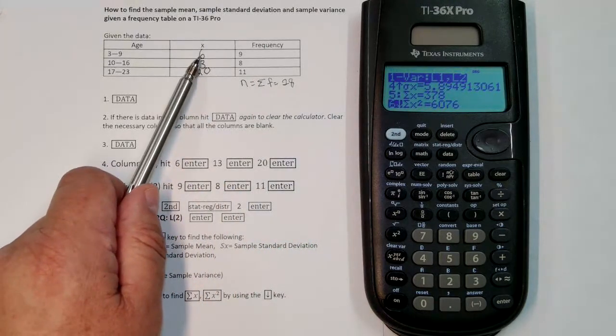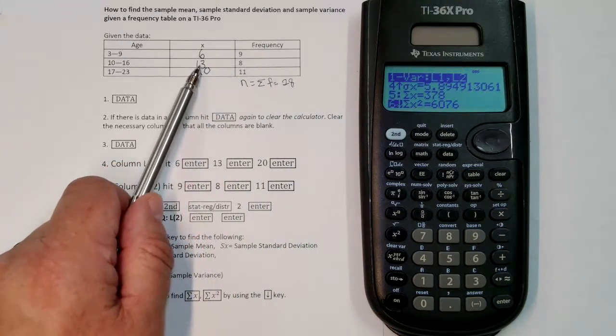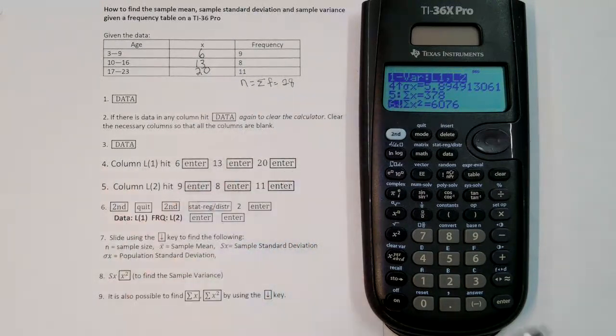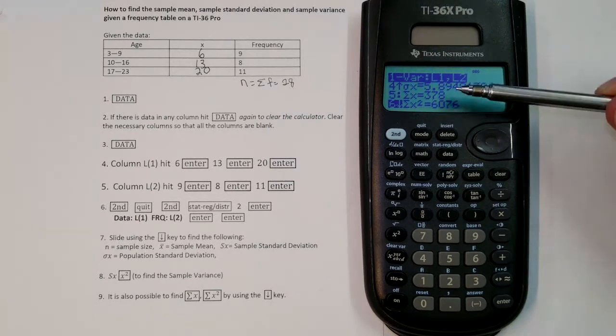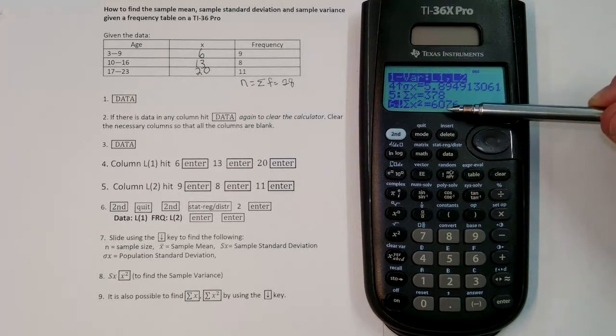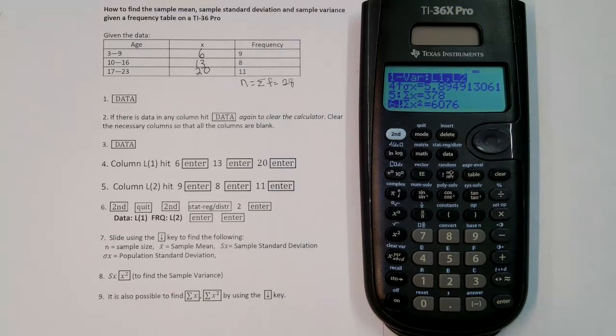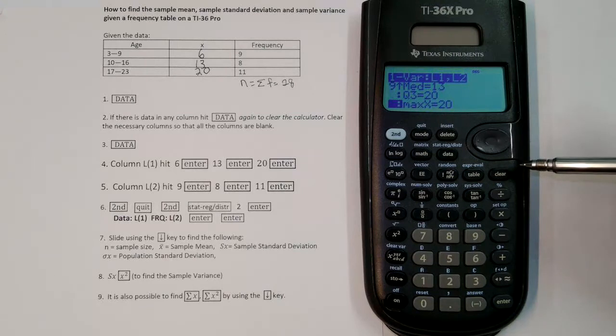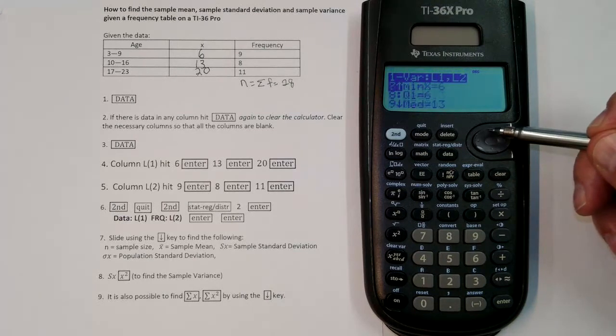You take 36 times 9, 169 times 8, and 400 times 11, add them, and you get 6,076. Those last couple you would use if you're doing everything by hand. I'm sure that your professor showed you. Now, if you kept going down, it would give you the minimum, the first quartile, the median, the third quartile, and the maximum value. So those are all used if you're doing a box and whisker.